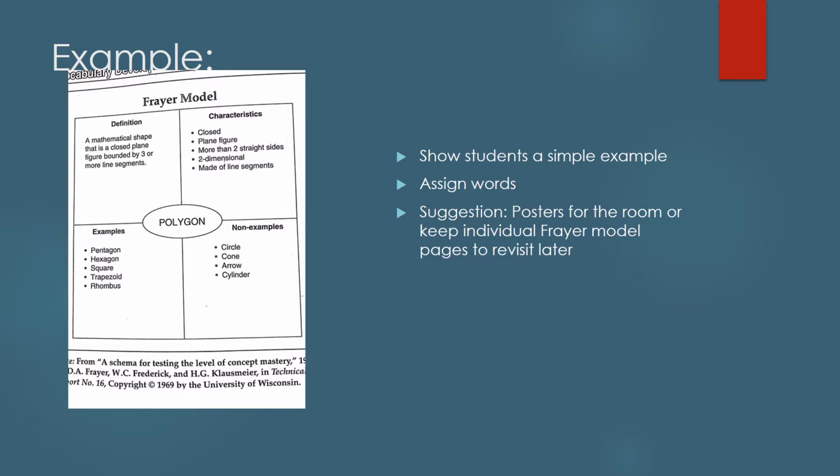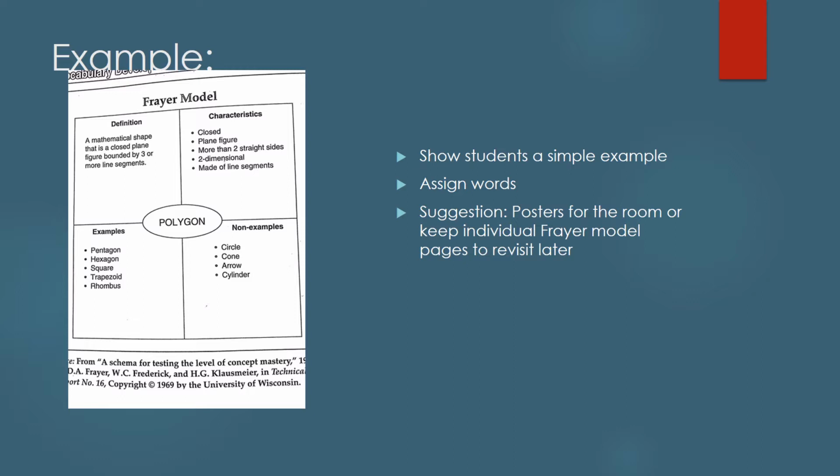The examples that follow these characteristics and this definition would be a pentagon, a hexagon, a square, a trapezoid, and a rhombus. The non-examples would be a circle, a cone, an arrow, and a cylinder.